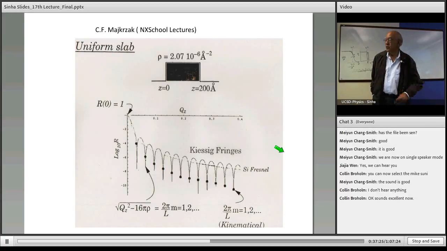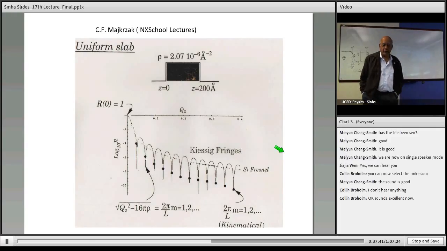Since these fringes are spaced at 2 pi over d, there's actually a limit in d over which you can measure the thickness. If d happens to be too large, then the fringes are smeared out by the instrumental resolution and you cannot measure the thickness. Typically, this will happen when the film thickness reaches several microns or so.